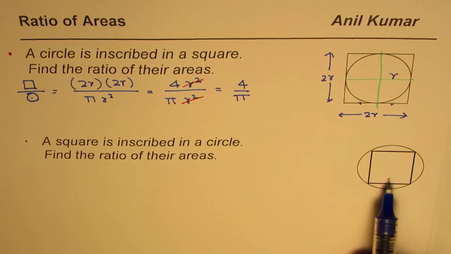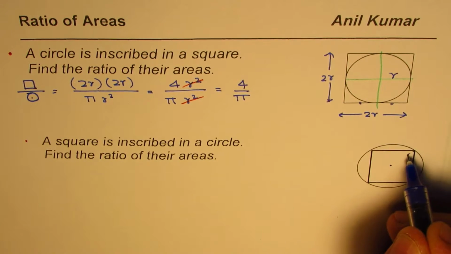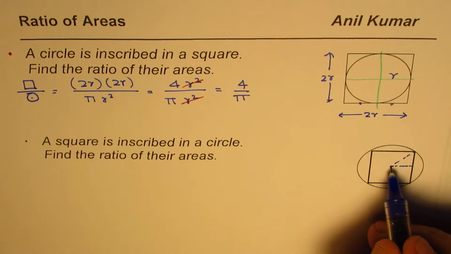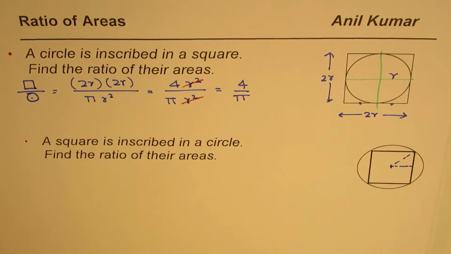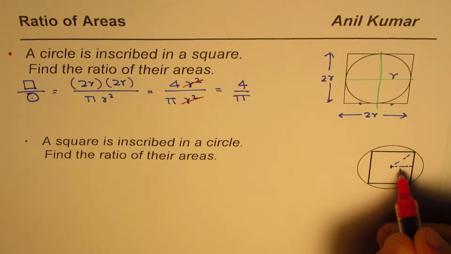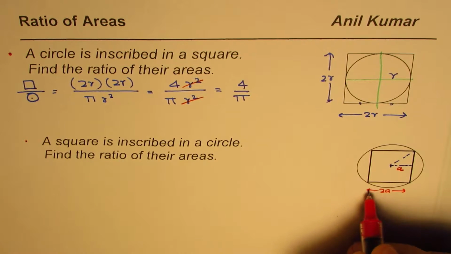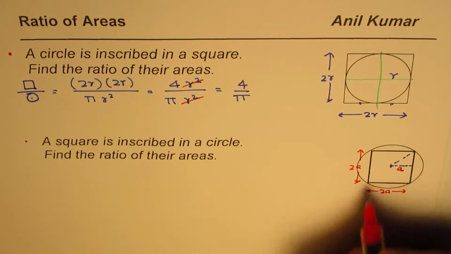Here in the second case, what can we do? Let us say that r is the radius, and again let us take half of the side length as a, then the square will be 2a long. So 2a length, 2a width of the square.